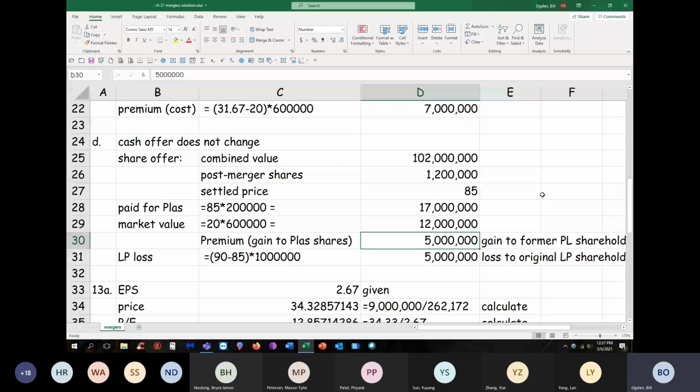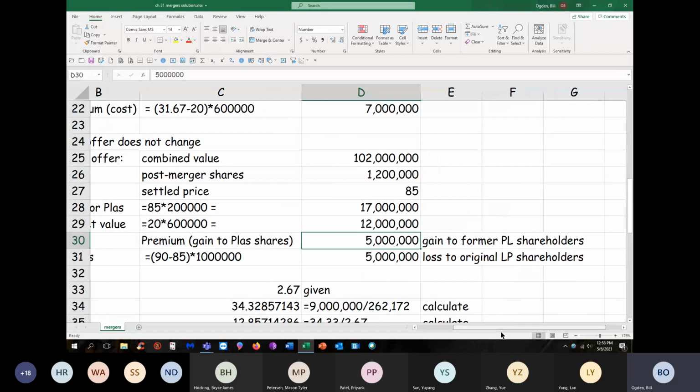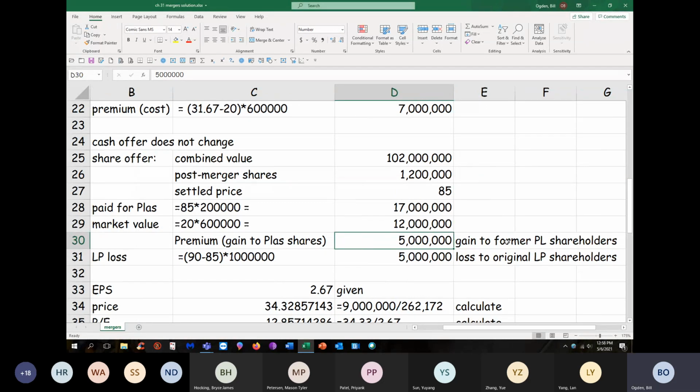Okay, what's the wealth effect to LP? Well, LP, now I made this little note here. Let me point this out. Okay, this is the gain to the former PLAS shareholders, right? This is the loss to the original LP shareholders. These are all in the same family now, aren't they?